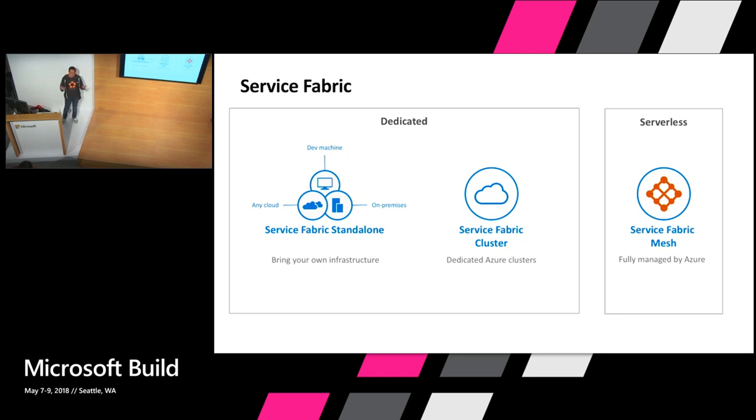But all those ways of deploying Service Fabric require you to understand how to manage servers, how to patch your operating system, how to check the health of your cluster. All the stuff that you don't really want to do as a developer. So Service Fabric Mesh removes all the infrastructure management so that you can focus on building your application.